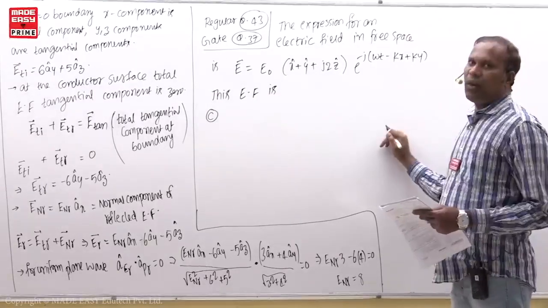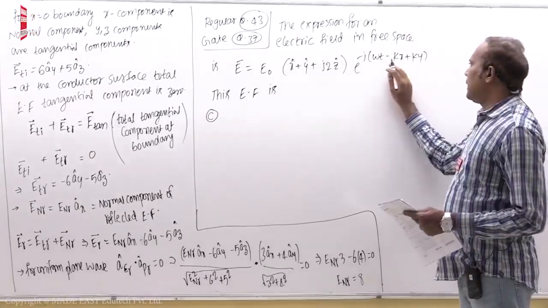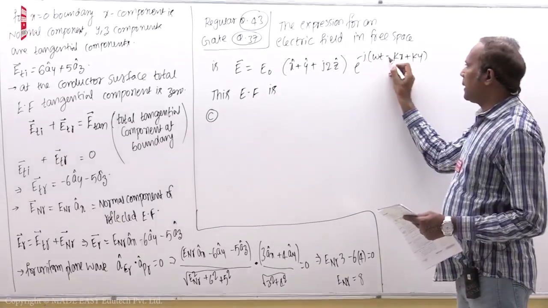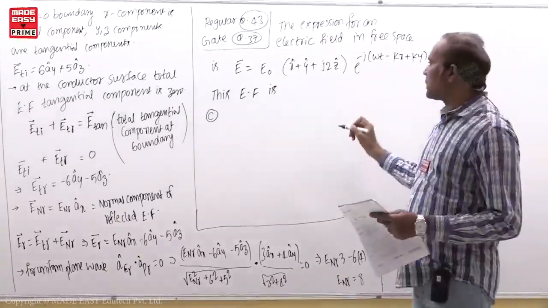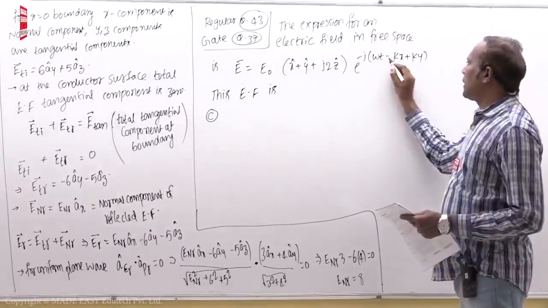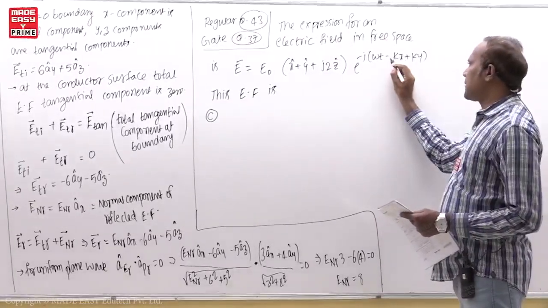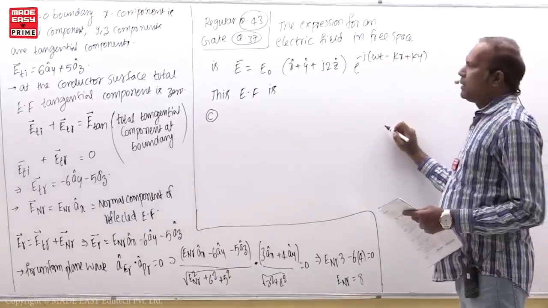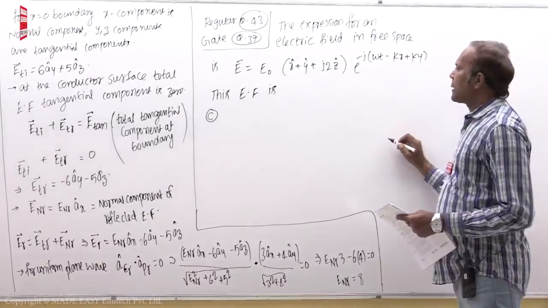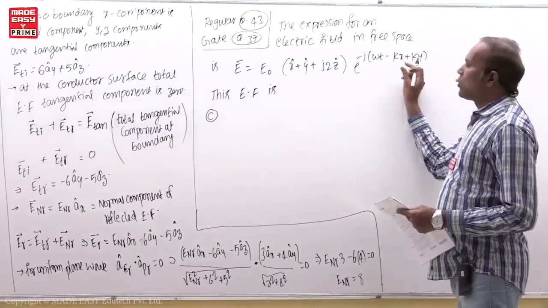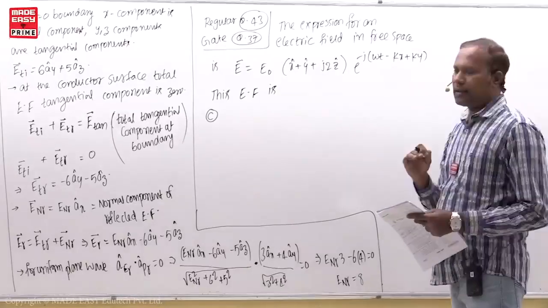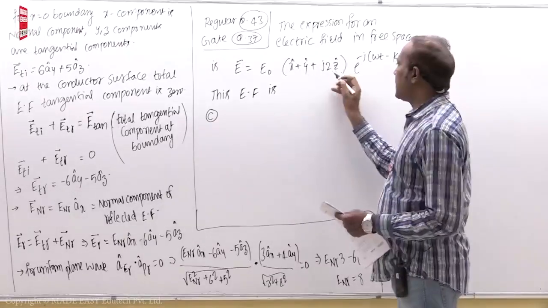Actually, I told you it is a uniform plane wave. If the wave travels here, you can see minus, you multiply here. If you multiply minus, then you get plus kx. Plus kx means the wave is traveling in the minus x direction. So for a wave traveling in the minus x direction, the electric field component should be perpendicular to x, that means y and z.